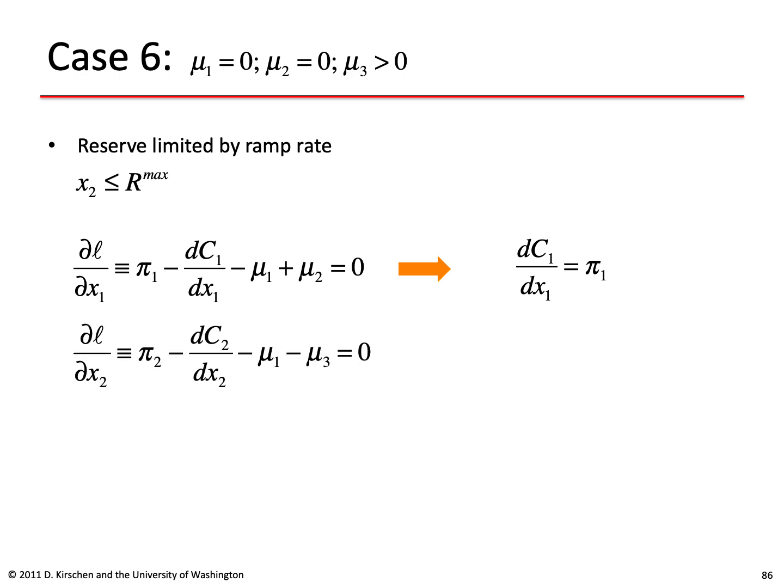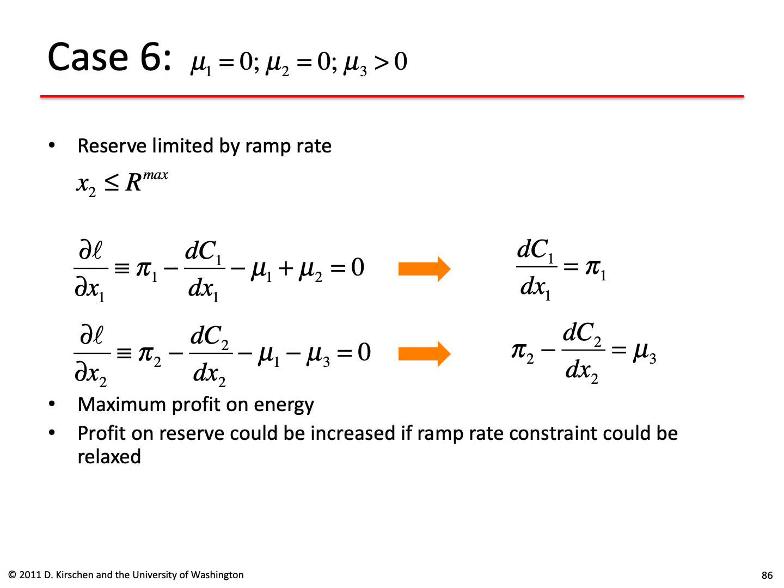And in the second optimality condition, we get that pi2 minus dc2 over dx2 equals mu3, which is positive. So the first one shows us that we are maximizing our profit on energy, meaning we're choosing x1 in the way that maximizes that profit. And we are also making a profit on the reserve, but this profit could be increased if the ramp rate constraint could be relaxed.